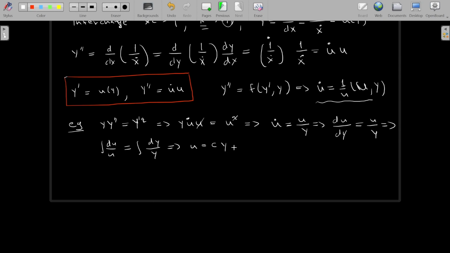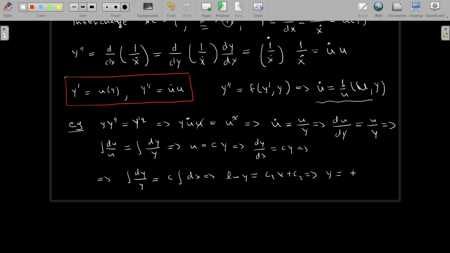So this is written as dy/dx is a constant times y, or dy/y is a constant dx, meaning that ln of y is just a1 x plus a2, or y is just another constant times e to the ax, right?